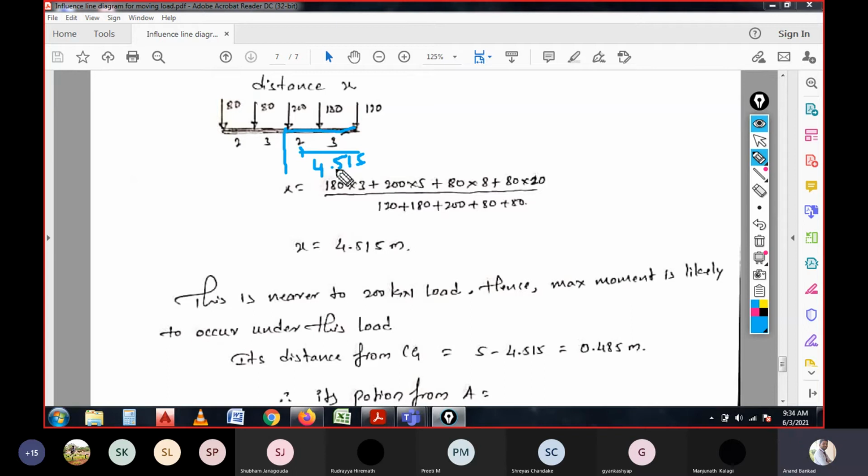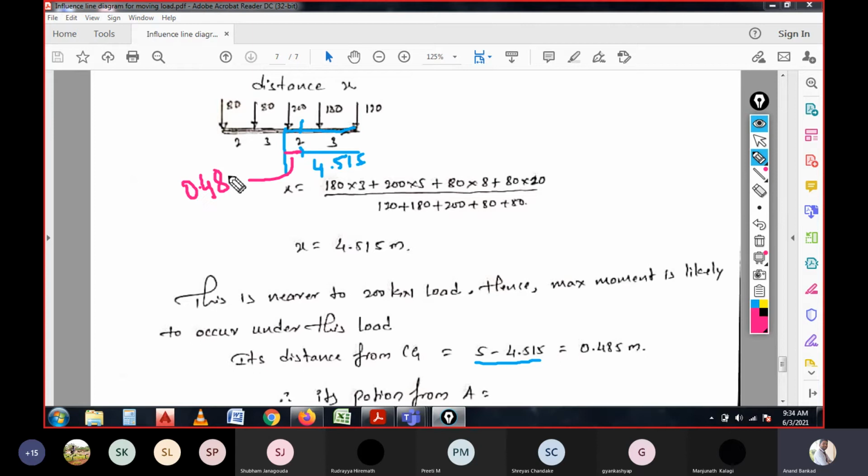So in this 5 meter, how much eccentricity does it have to the load? Since we are getting the distance of the CG at this point, it means how much eccentricity the total load has. That is what we have calculated. In the total 5 meter distance, we have reached 4.515, and the remaining distance is this one, which is calculated as 0.485.